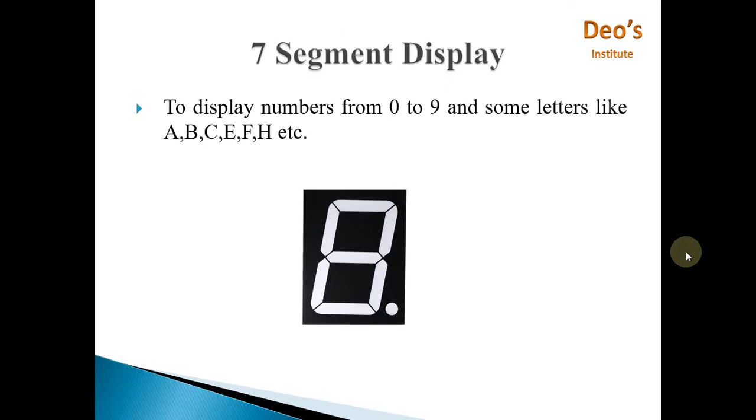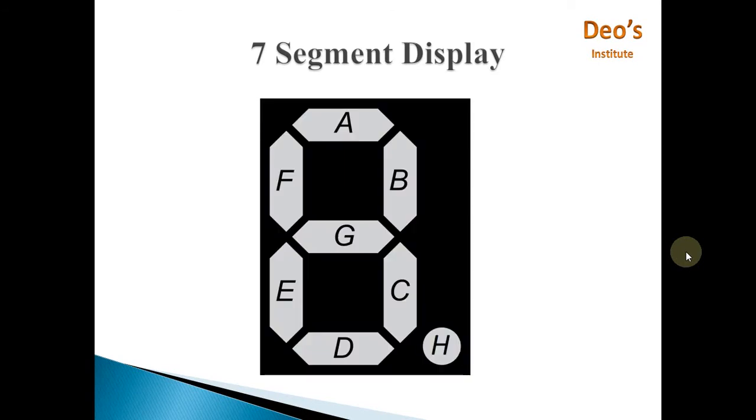7 segment displays are widely used to display numbers from 0 to 9 and some letters like A, B, C, E, F, H, etc. This 7 segment display consists of 7 LED segments and 1 decimal point.